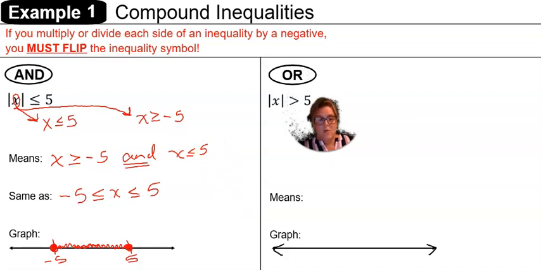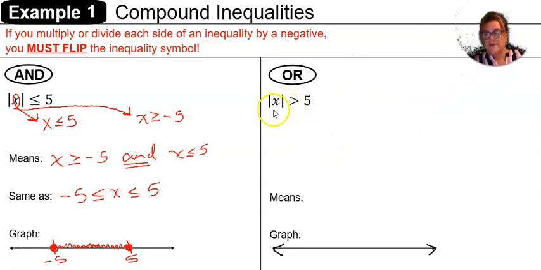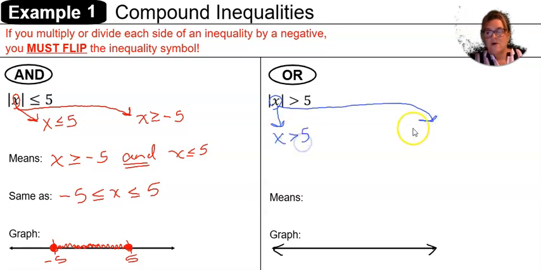Now, for the or inequality, or occurs when we have a greater than symbol with our absolute value inequality. When we take this expression inside the absolute value and we set it into its two cases, x is greater than 5, or the x is related to the -5 by switching the direction of that inequality. So x is less than -5.